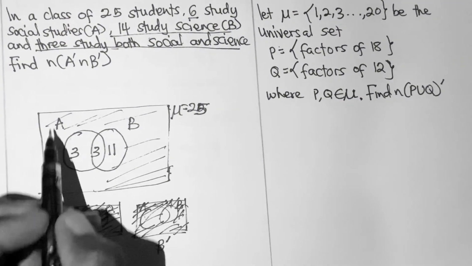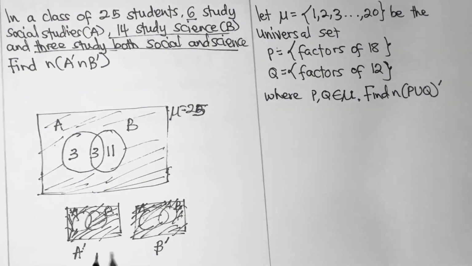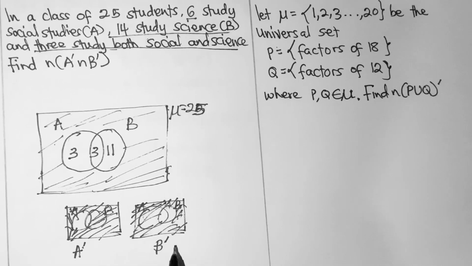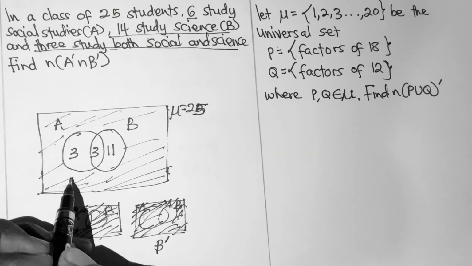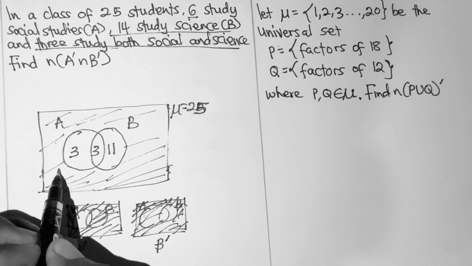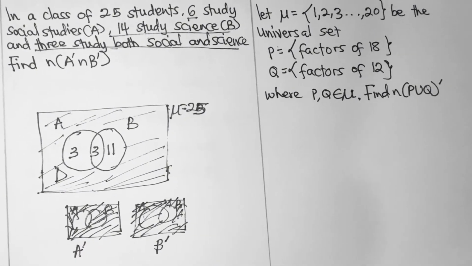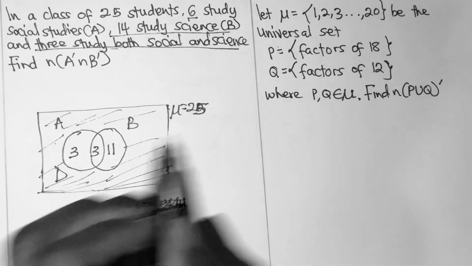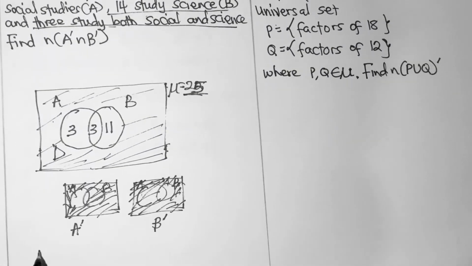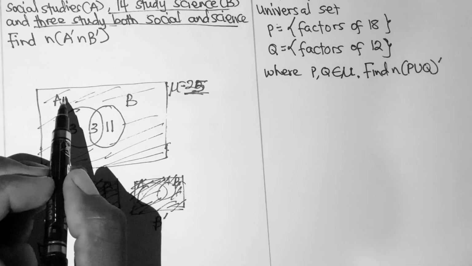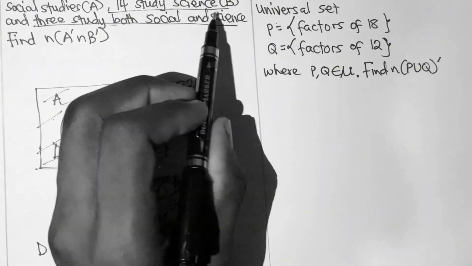This is the region we are looking for, because that is the region common to both A prime and B prime. So let's represent that region by capital D. What it means is that if we sum everything here, we should get 25. So capital D plus, now the question said that 14 study science.